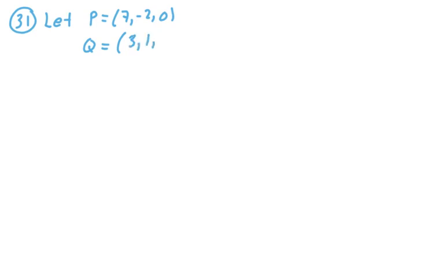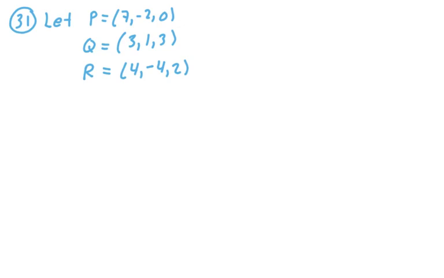So let's take a look at problem 31. Same idea. I'm going to let P equal the point (7, -2, 0), Q equal the point (3, 1, 3), and then R equal the point (4, -4, 2).